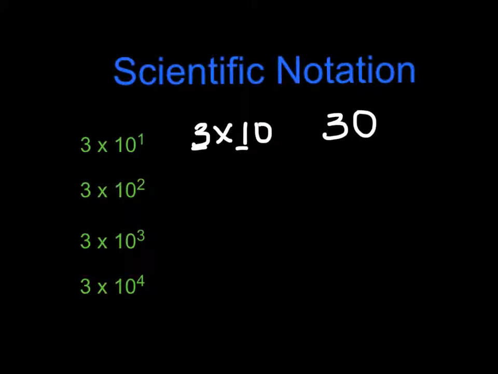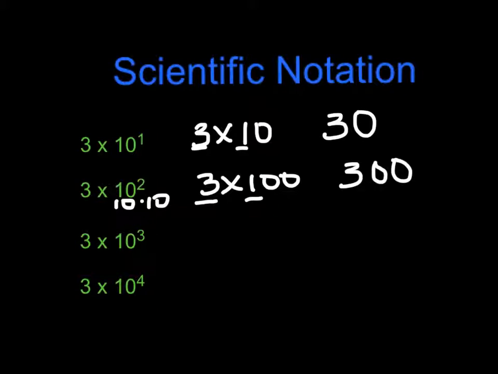3 times 10 squared, remember that 10 squared means 10 times 10, which is actually 3 times 100. So you multiply your non-zero numbers, which are 3 times 1, and then you add 3 zeros on the end. 10 to the third power means 10 times 10 times 10, which is the same thing as 1,000.